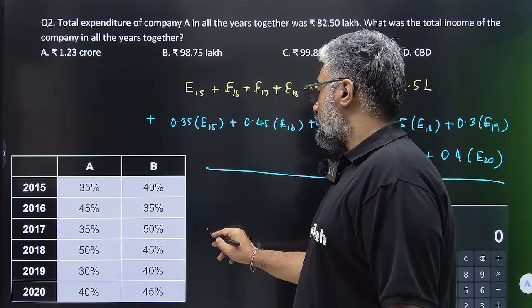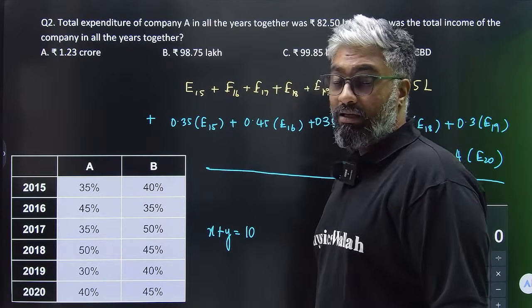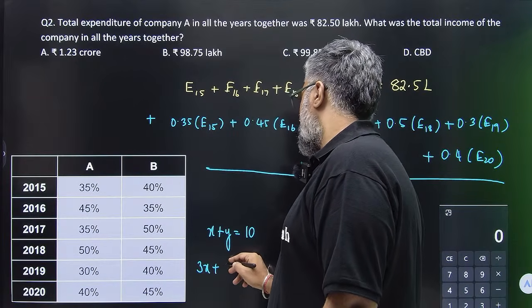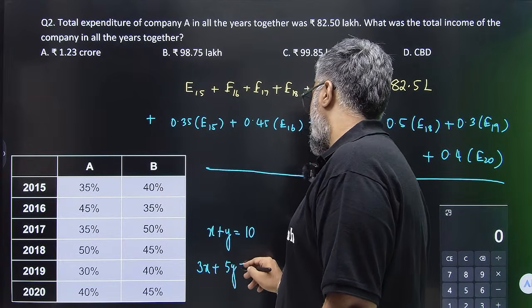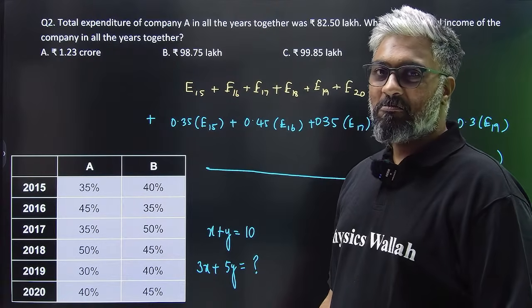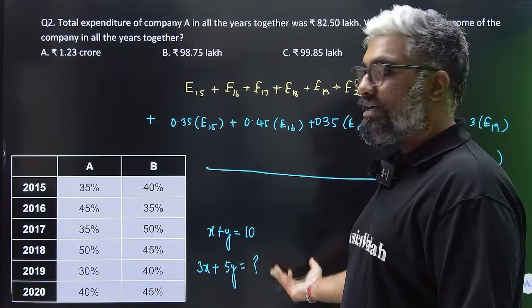You're saying that, sir, if x plus y is equal to some 10, for example, then they're asking how much would be 3x plus say 5y. Can you answer this? No. There's no other condition given. Nothing else is told to us. Is there any way to find it out?